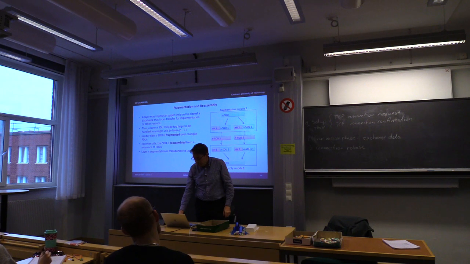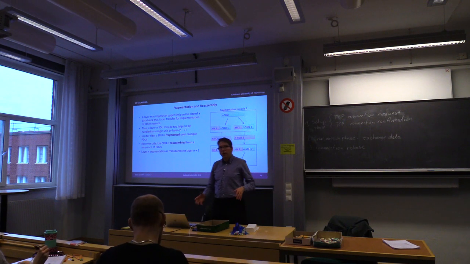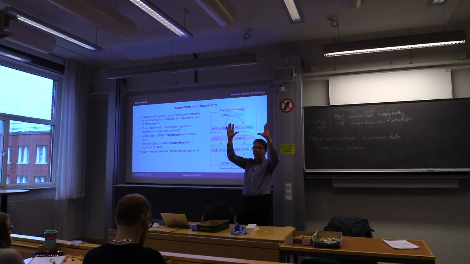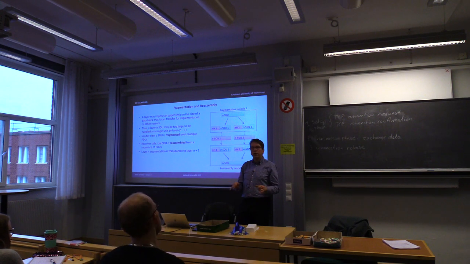Okay. Let me just do a few quick things here. Fragmentation and reassembly. Suppose I'm a layer and I get 1,000 bytes from the layer above me, but the layer below me can only transmit 500 bytes per payload.